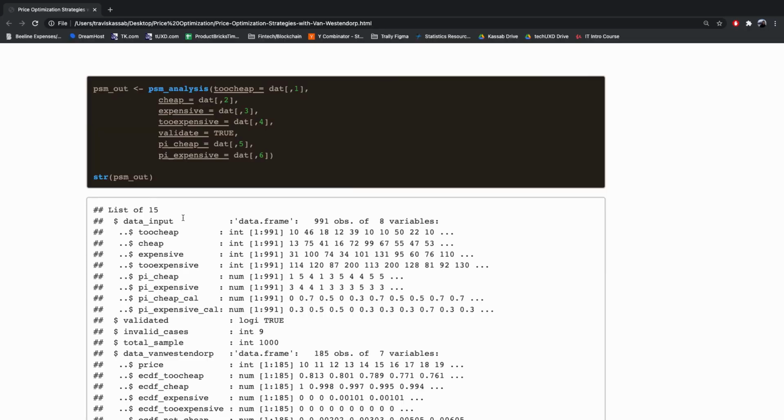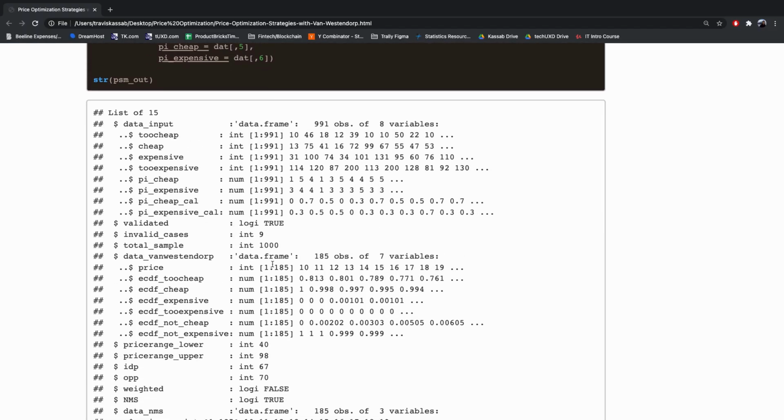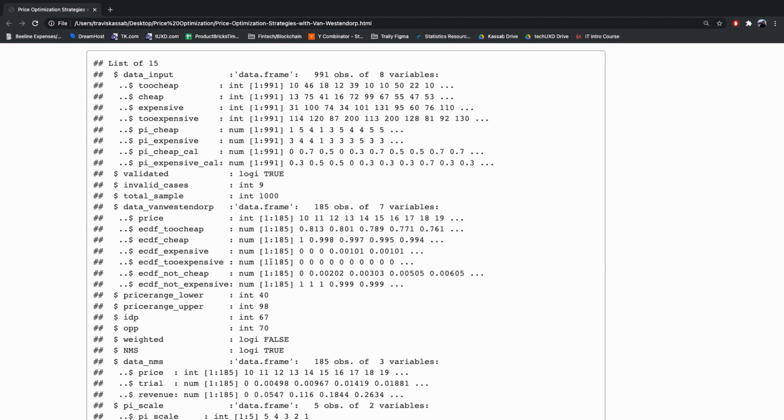If you can see here, the original data set that I passed had 1,000 respondents, and there are 9 invalid cases, right? They did not meet this PSM condition, so we discard them, and we run all of the subsequent analyses with 991 respondents.